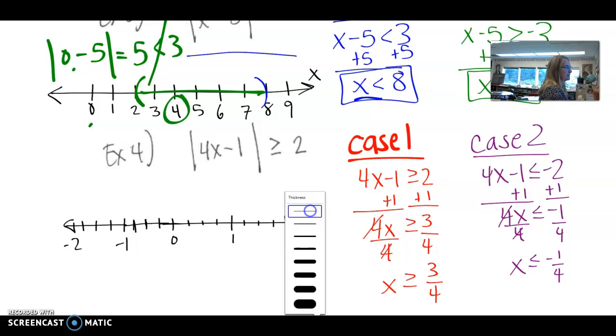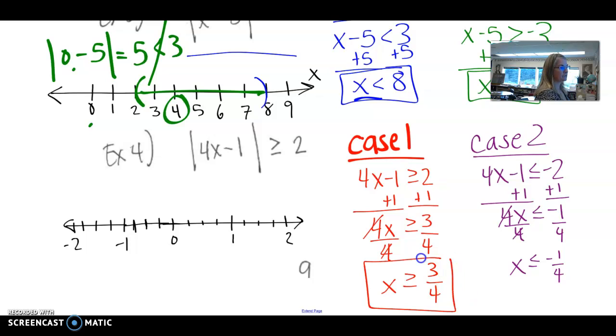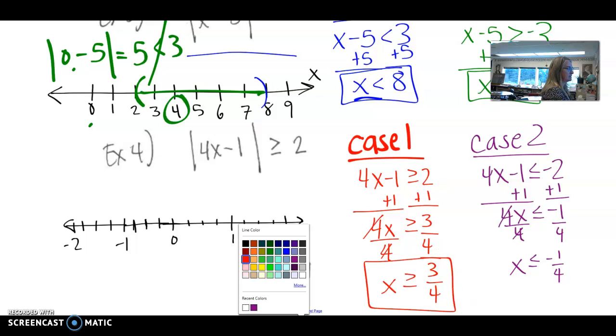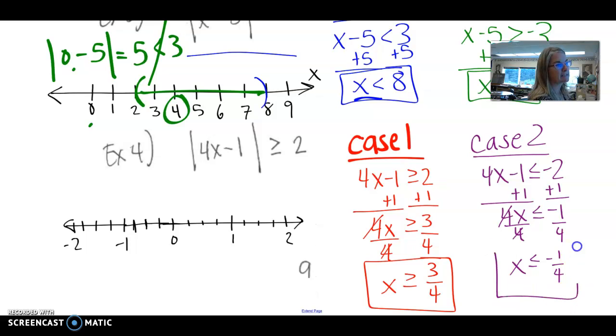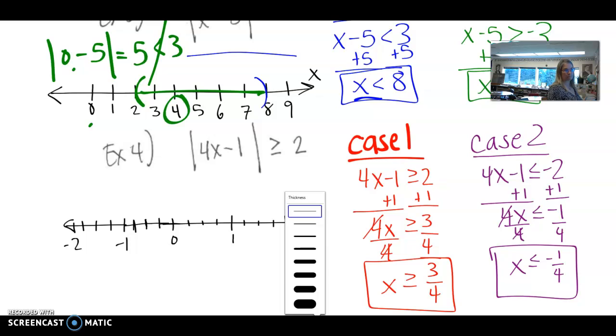I made a number line that's going from negative 2 to 2, and I broke each 1 unit increment into 4 parts, because my solutions are x is greater than or equal to 3/4, and the other part is x is less than or equal to -1/4. Since they're both in fourths, to make this easier for me to graph, I thought that would work really well if I did go by fourths.